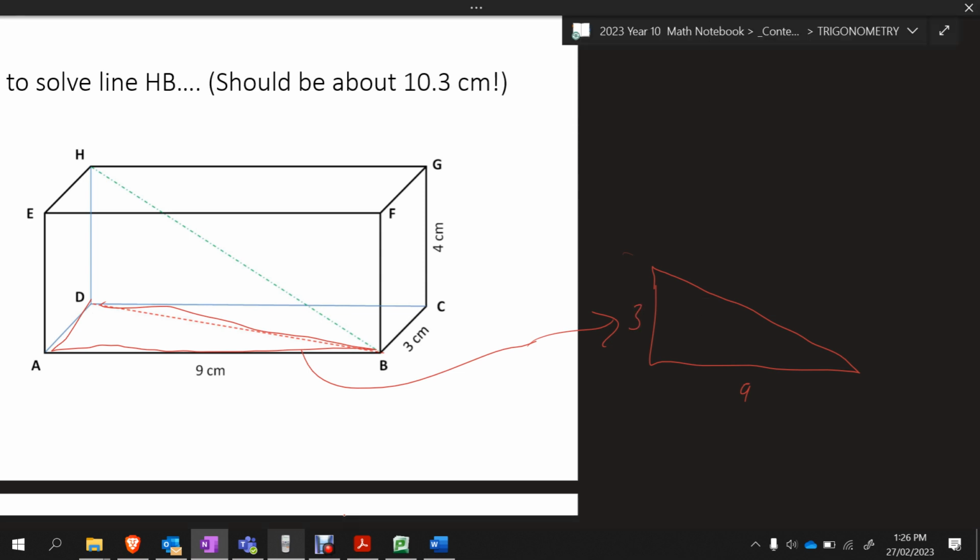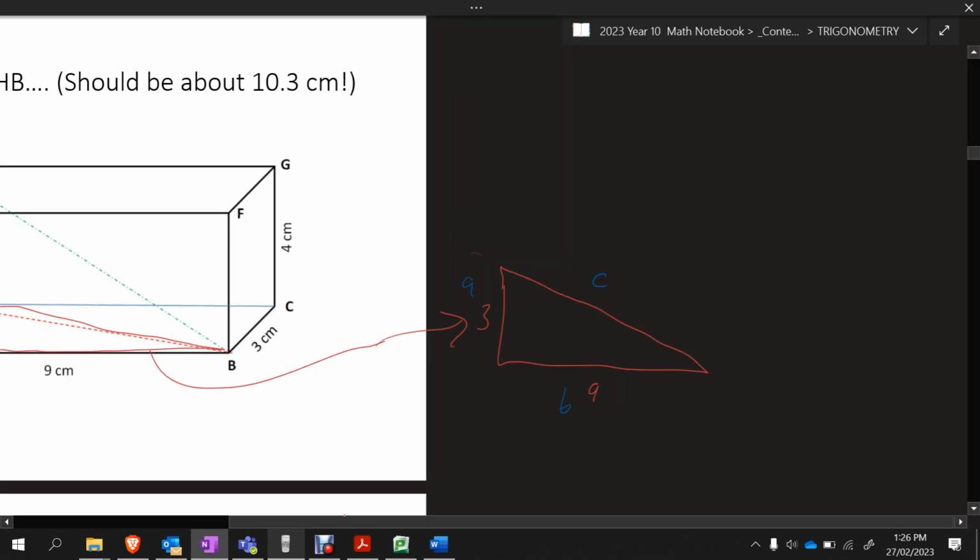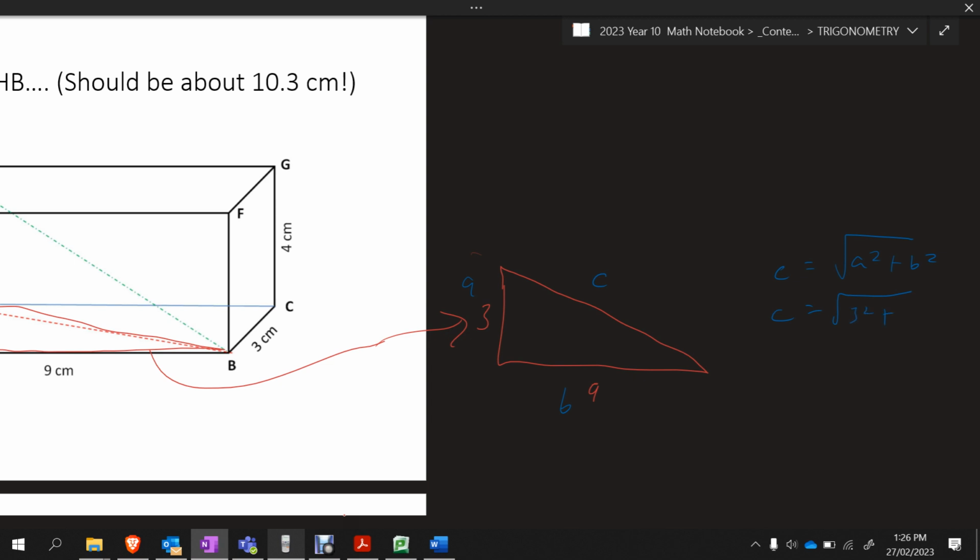So let's look at it. That's C, that's A, that's B. So C is equal to the square root of A squared plus B squared. A is 3 squared, B is 9 squared, sorry.